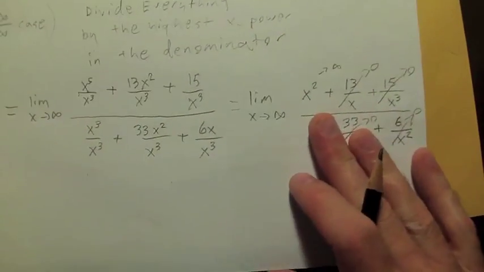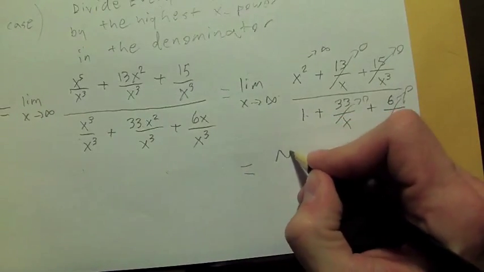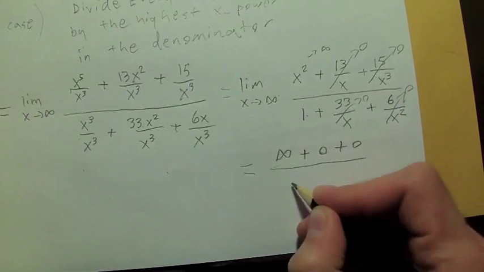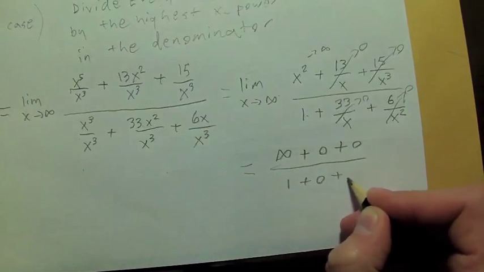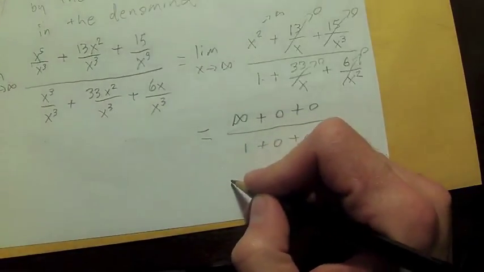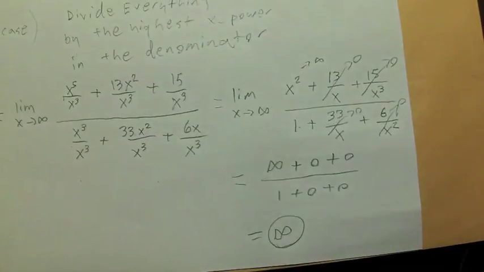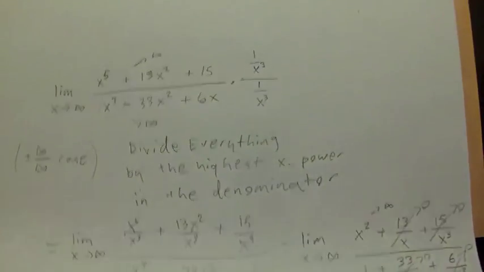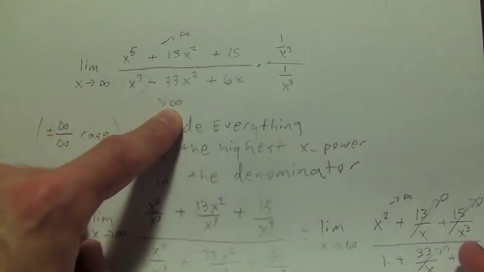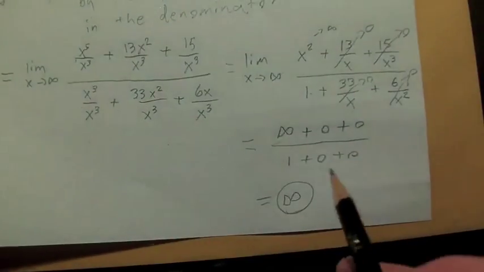So the whole thing is basically going to, I'm just going to write it like this, infinity plus 0 over 1 plus 0 plus 0, which is infinity over 1, so that's infinity. And that's actually what we suspected, right? We suspected that the numerator is going to go to infinity faster than the denominator, therefore the whole thing should probably go to infinity.